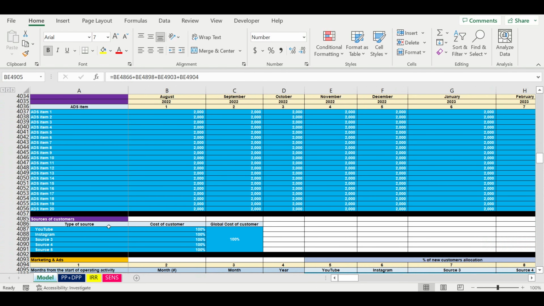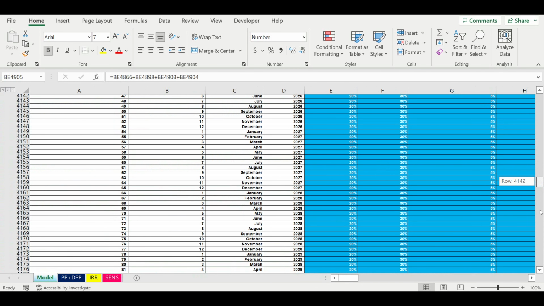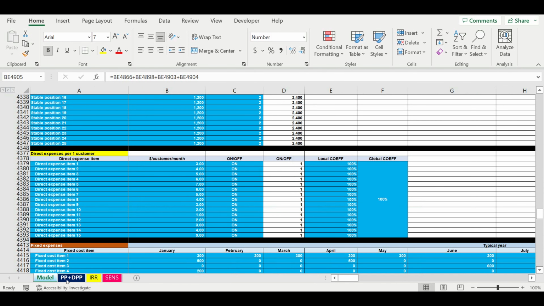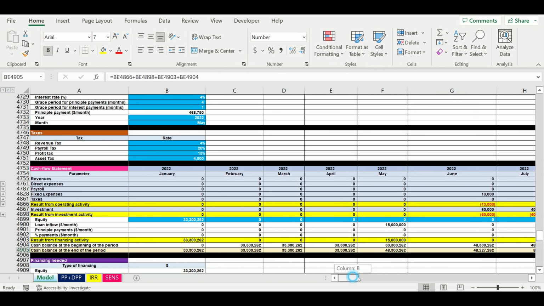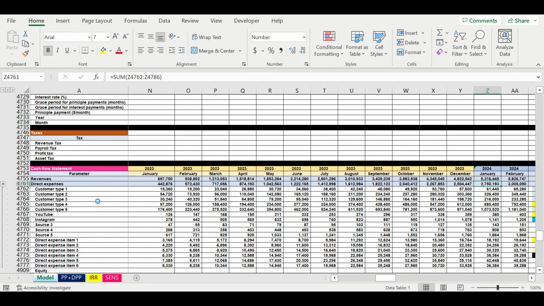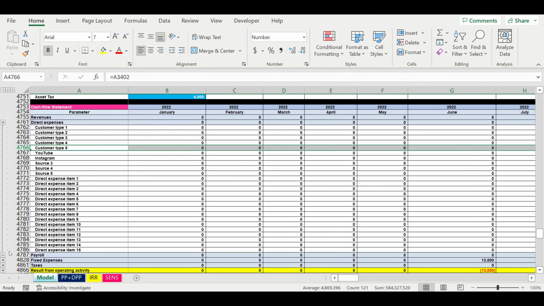So if we take what we would like to test, for example, direct expenses, let's go to the cash flow statement and see what types of expenses are critical for the business idea. So for example, direct expenses, customer type number 5.